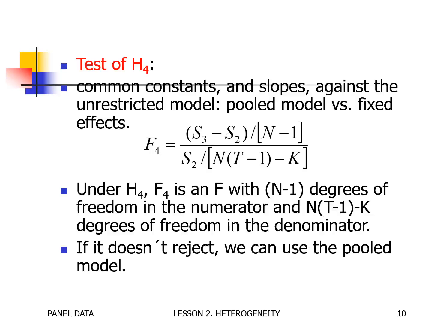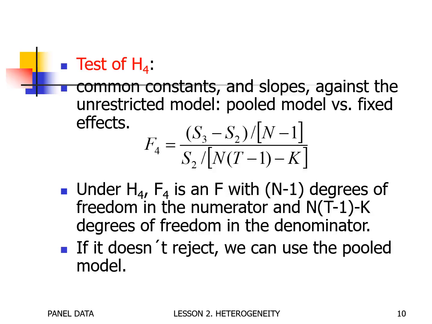You have n minus 1 degrees of freedom in the numerator because that is the number of restrictions, and you have n open parenthesis capital T minus 1 close parenthesis minus capital K degrees of freedom in the denominator, because that is the difference between the sample size and the number of parameters being estimated.